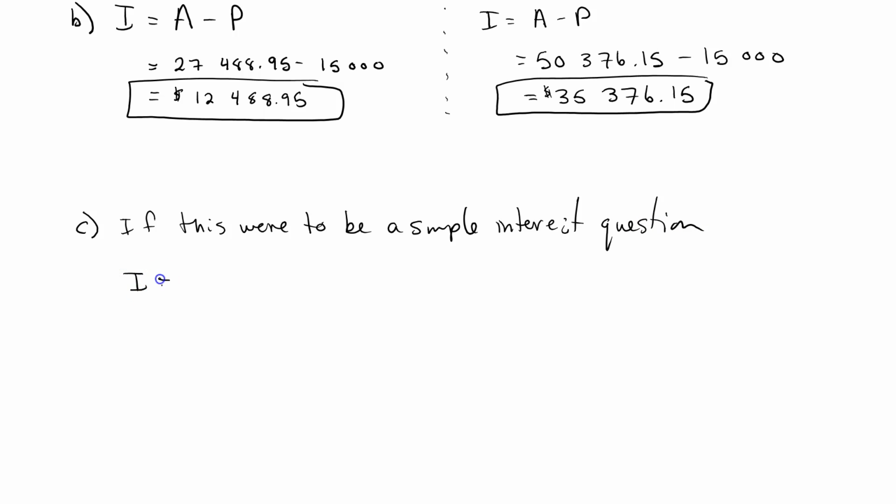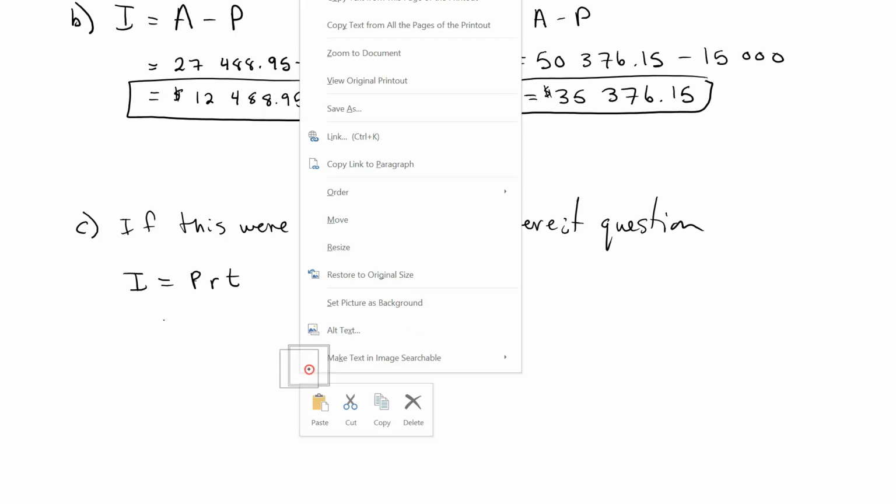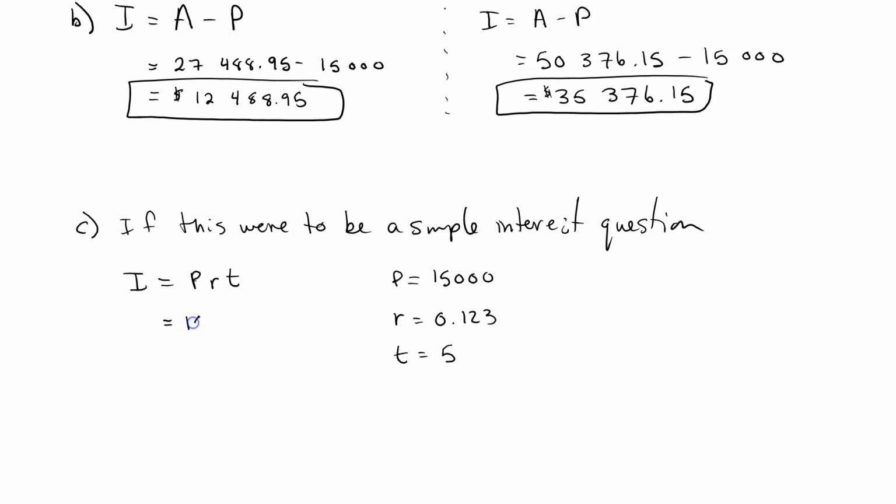We're going to say interest equals principal times the interest rate times t. In this case, we know that our principal is $15,000. We know that our interest rate is 12.3%, so 0.123. And our time, we're just going to compare the 5-year point. Okay, so we're going to substitute that into our formula. 15,000 times 0.123 times 5 years.